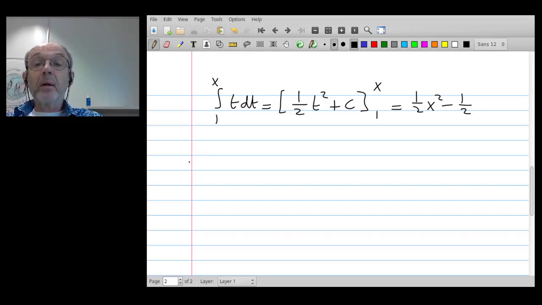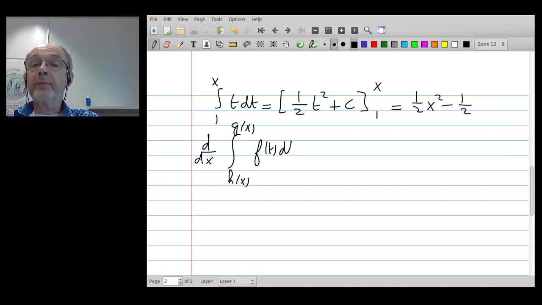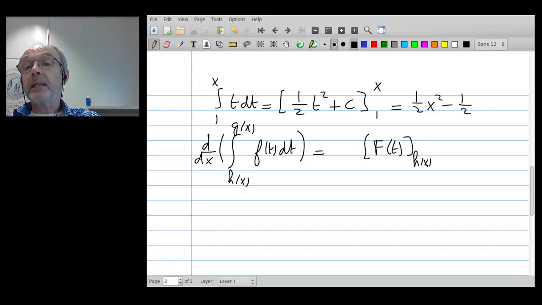Then we can have that somebody gives you some integral of some small f, and that the upper and the lower boundary depend on your variable x, and you want to differentiate it. Now, what can you do? Maybe you can first find your primitive function, but that will not always be easy, and maybe it does not exist.